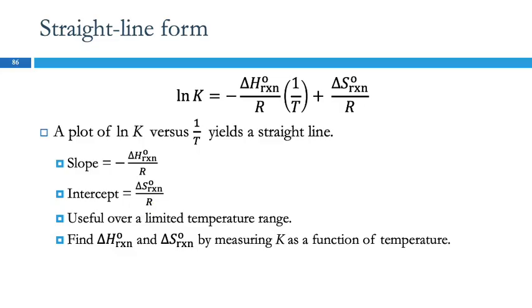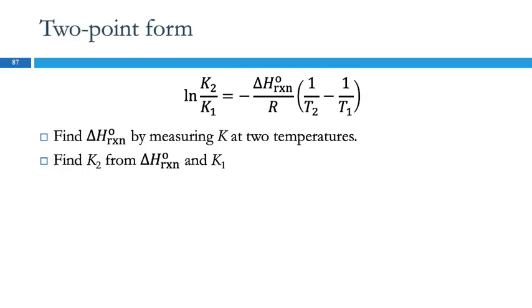This is useful over a limited temperature range. You can't go with a really wide temperature range. But this is one way that you can find out what delta H0 and delta S0 are, is you can measure K as a function of temperature. We can also express that in a two-point form, and this should look a little bit familiar.